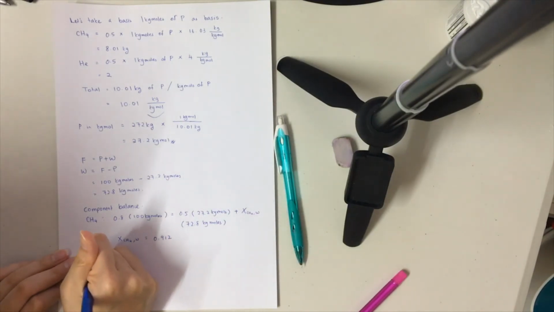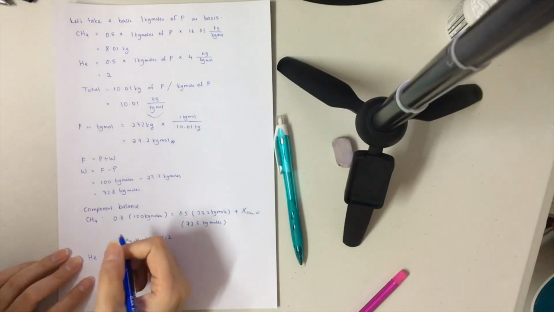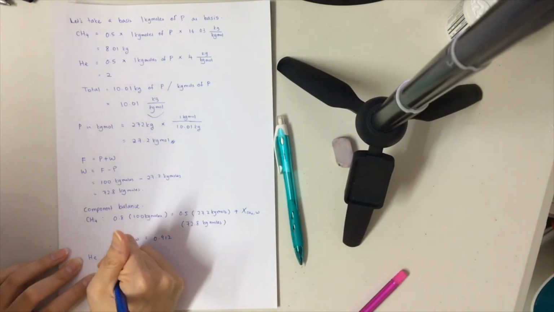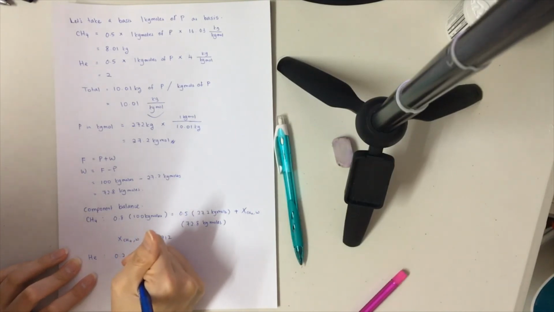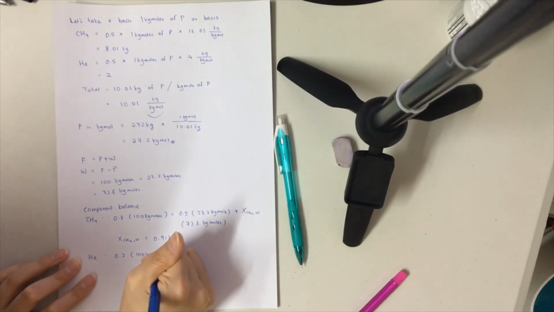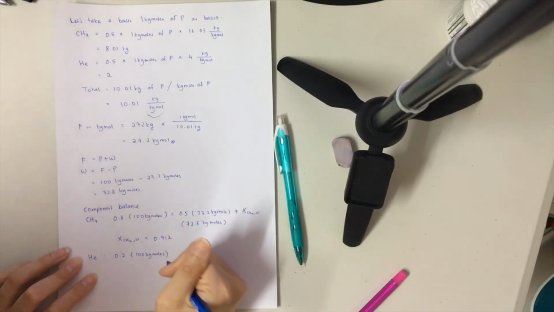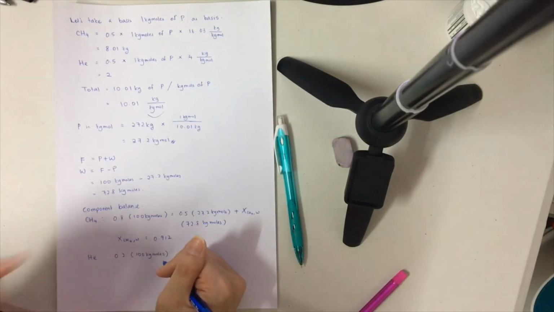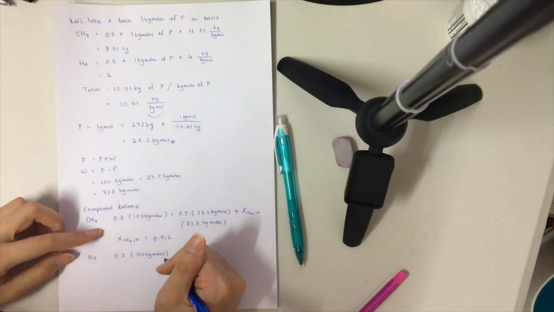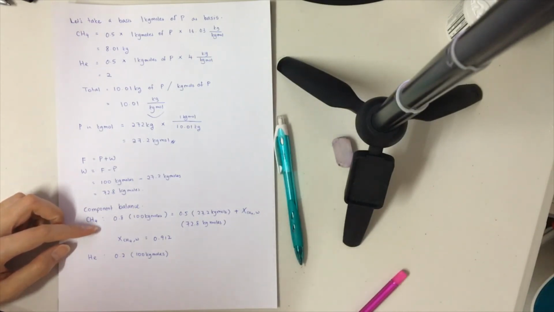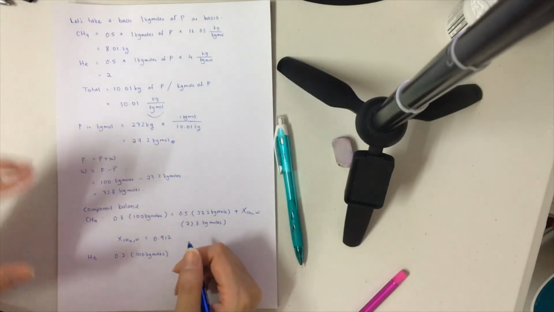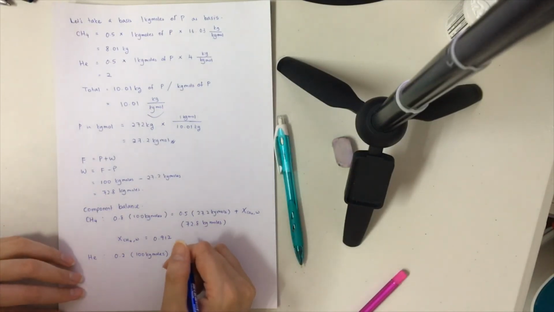Next, for helium, you have 20% of helium in the feed stream. If you are confused with the numbers, please refer to your question yourself, because I cannot put everything onto the screen.